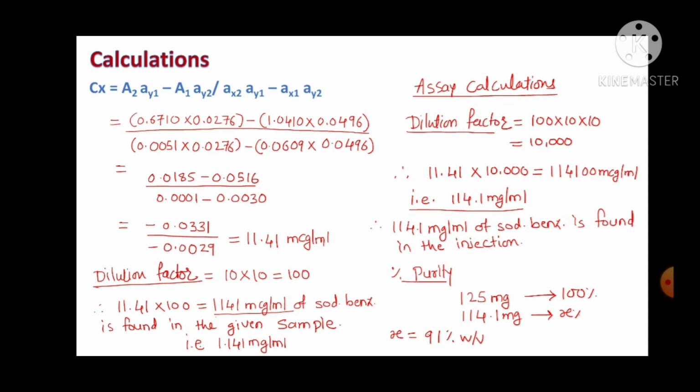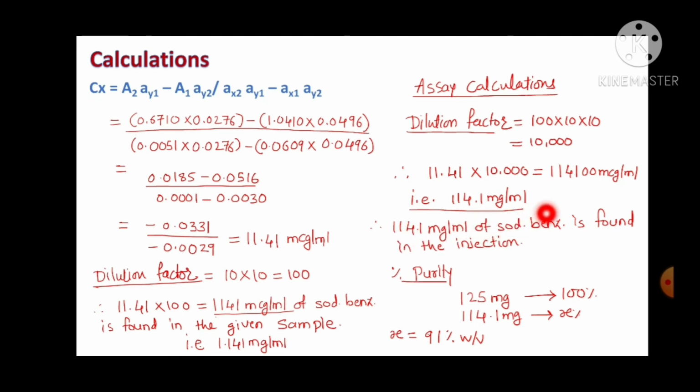That is coming around 114100 micrograms per ml, which I can convert into milligrams per ml, because the label claim is in milligram. Here we can say the X is referring to sodium benzoate.